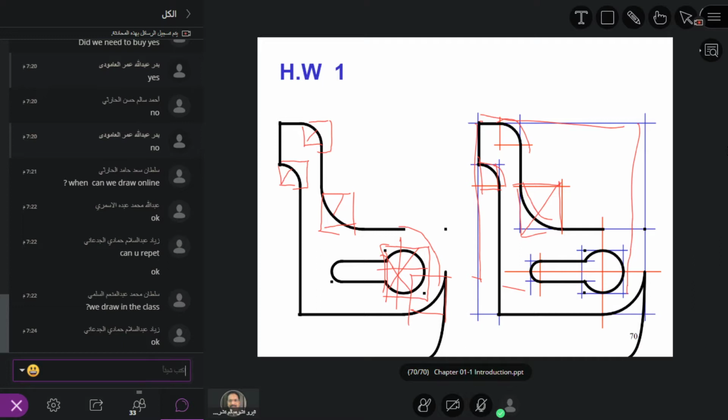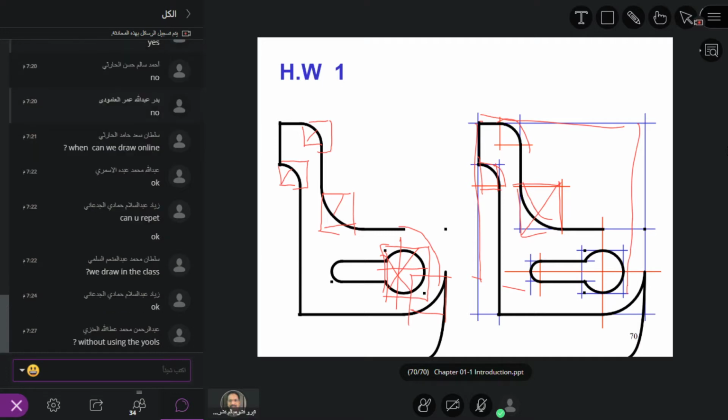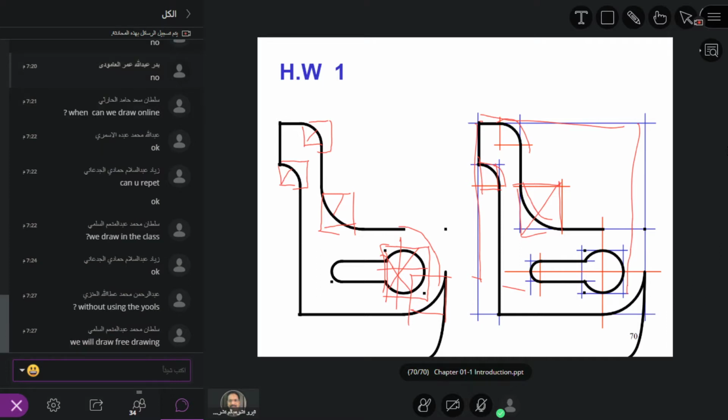Just keep it to try. Don't submit to me, but try this and let me know. Go for it first, okay? There'll be another 20 minutes. Draw this. If you have any problem, just let me know. Yeah, no tools. Freehand.